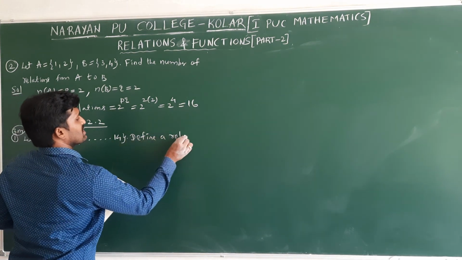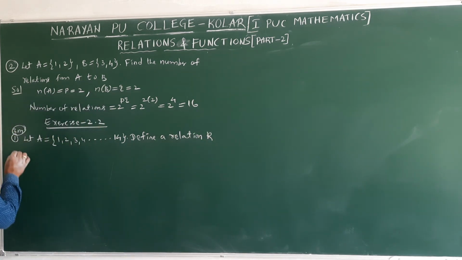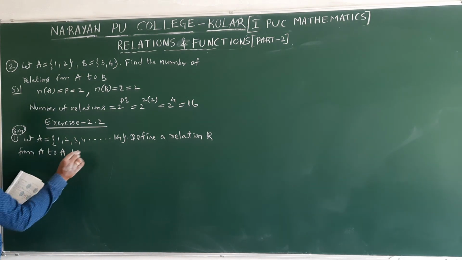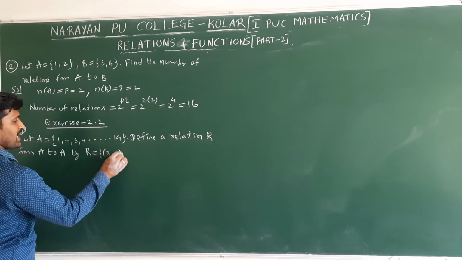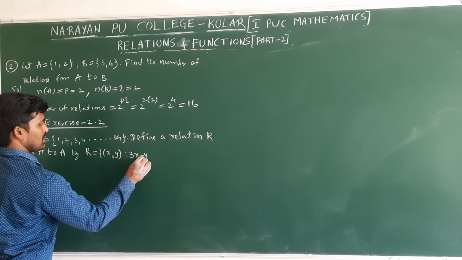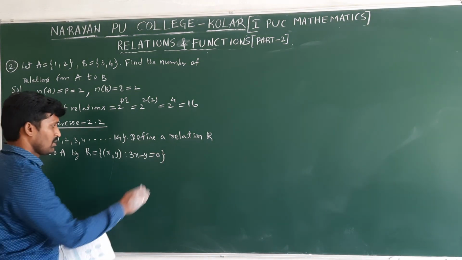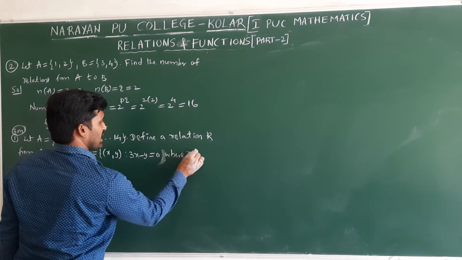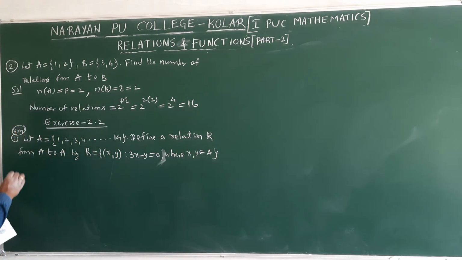Define a relation capital R from A to A by capital R equal to the set of order pairs x comma y such that 3x minus y equal to 0, where both x and y belong to set A only.